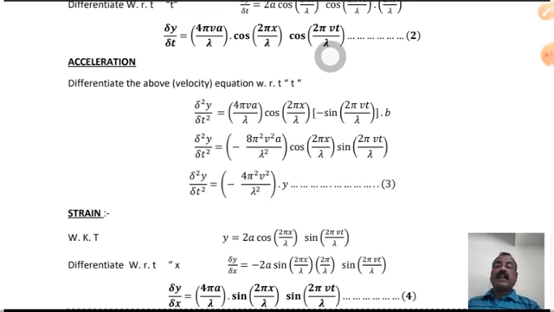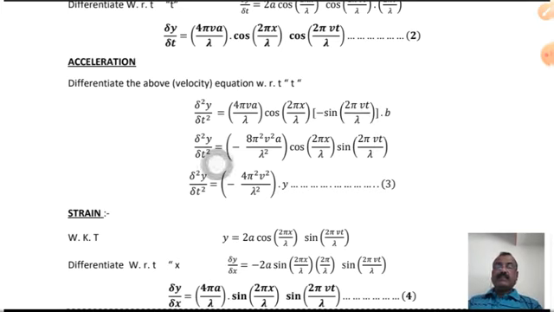Differentiation of cos theta is minus sin theta, so we are going to get minus sin 2 pi vt by lambda, into the coefficient of t, which is 2 pi v by lambda. That is, instead of writing b, we have to write 2 pi vt by lambda.